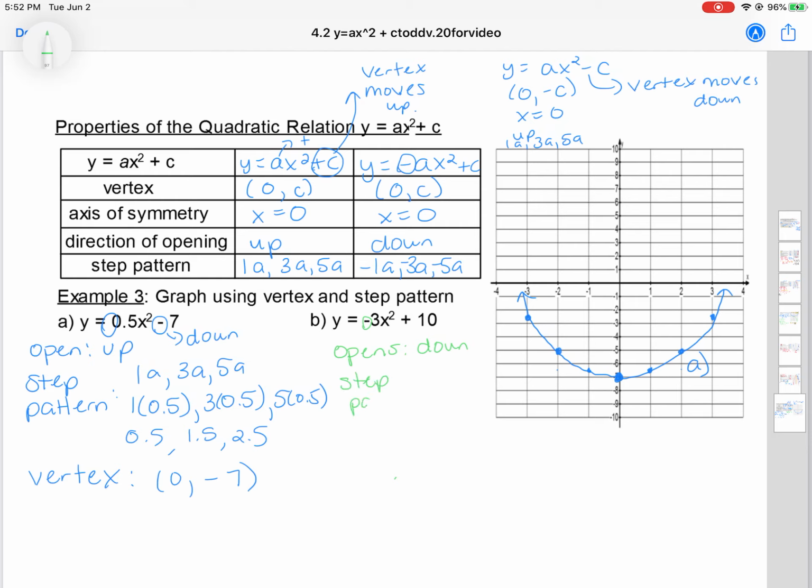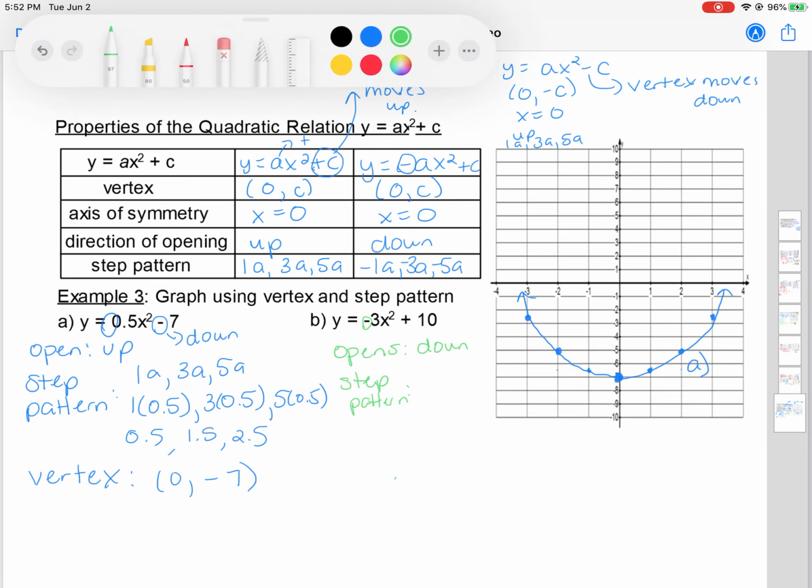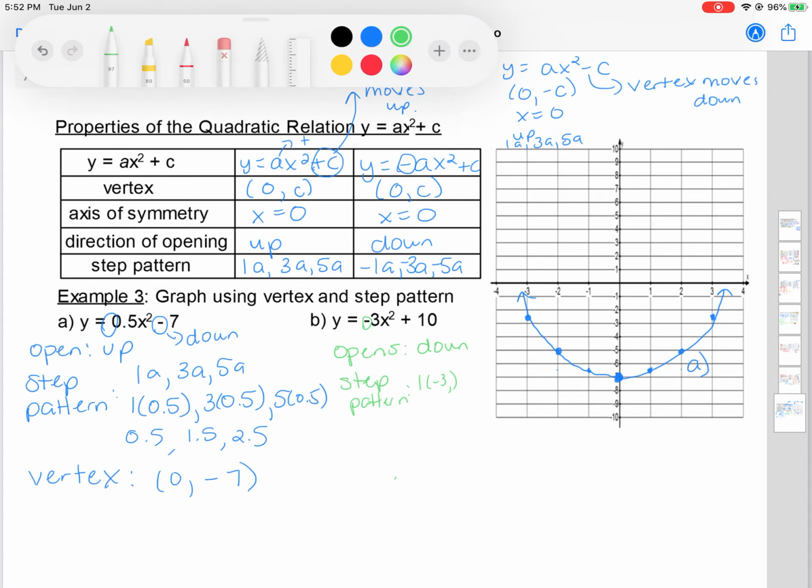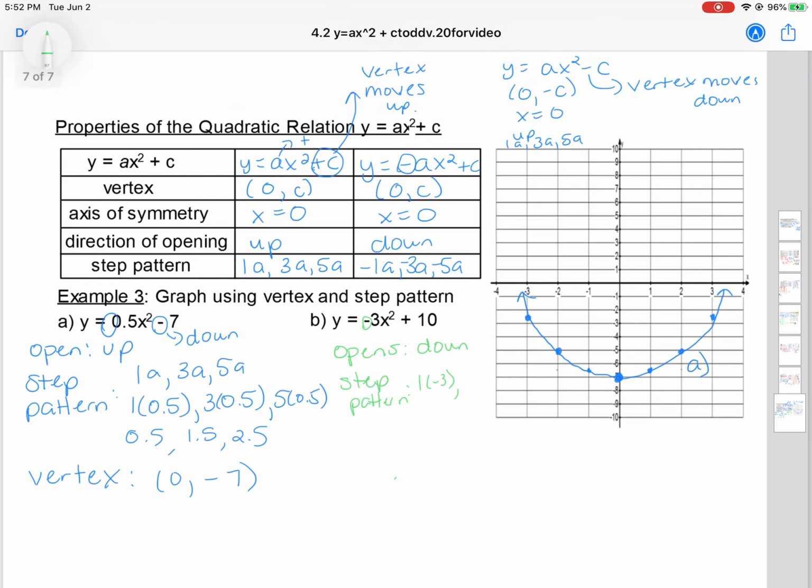The step pattern is 1 times negative 3, 3 times negative 3, and 5 times negative 3. So negative 3, negative 9, and negative 15.